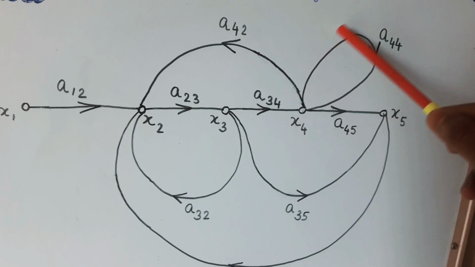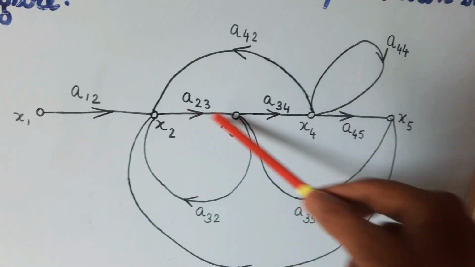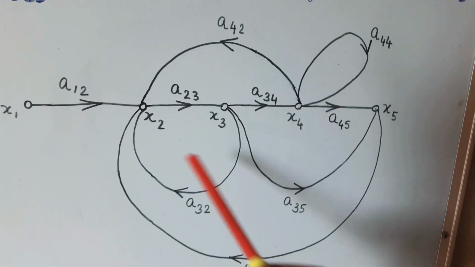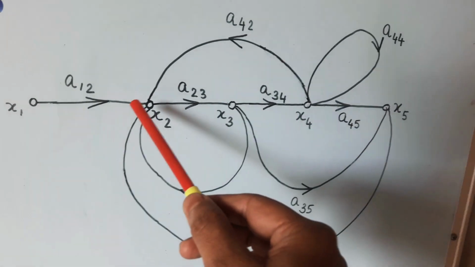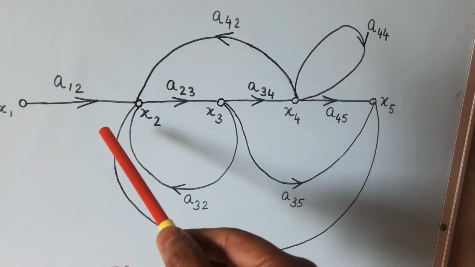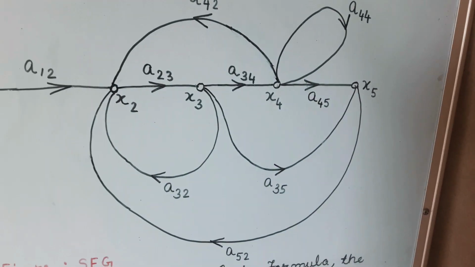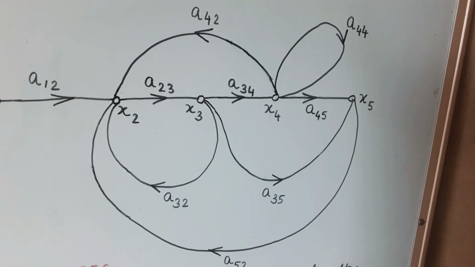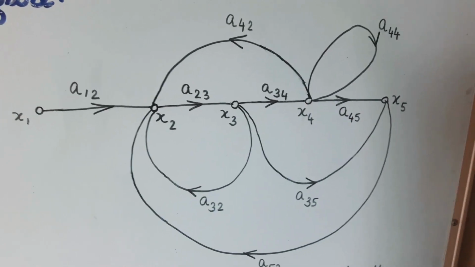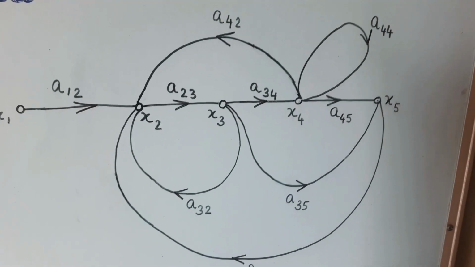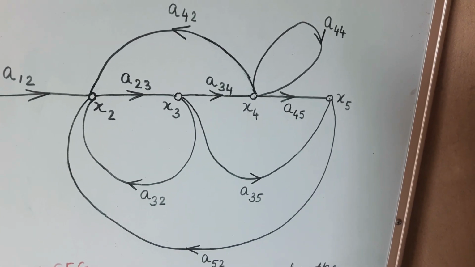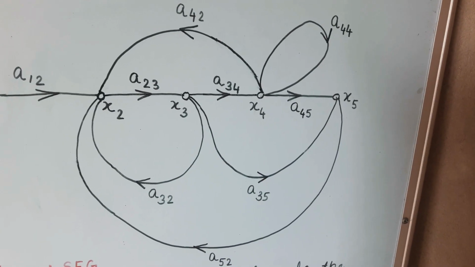This is the first loop, this is the second loop, this is the third loop, this one is the fourth loop and this one is the fifth loop. So the term L1 will consist of 5 terms, because L1 is the sum of the products of the loop gains of all the loops.